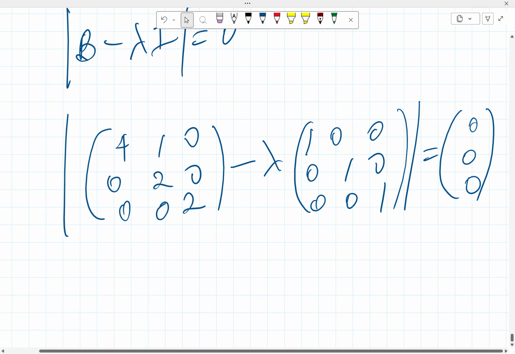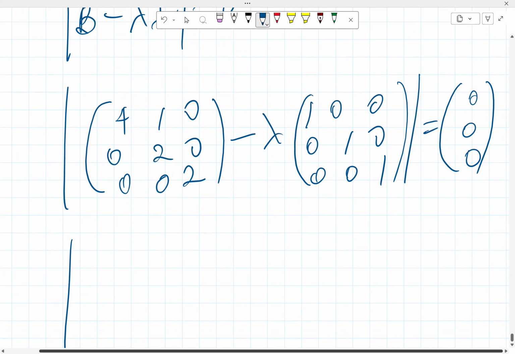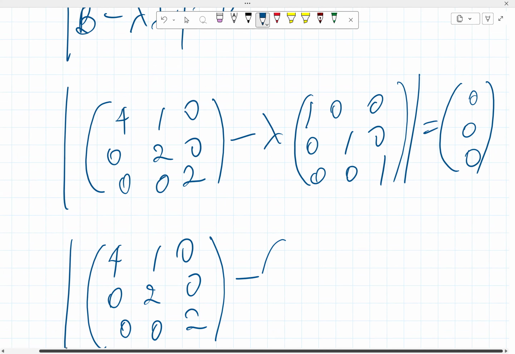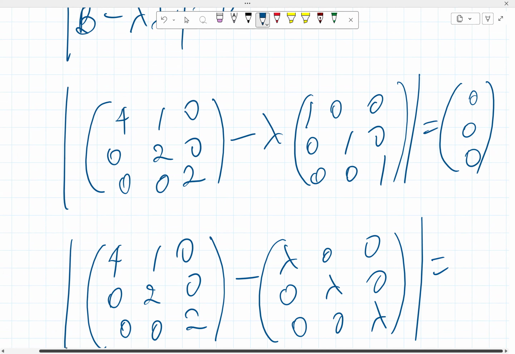So in this case, we have the determinant of 4 1 0, 0 2 0, 0 0 2 minus lambda 0 0, 0 lambda 0, 0 0 lambda, and that is equal to 0.